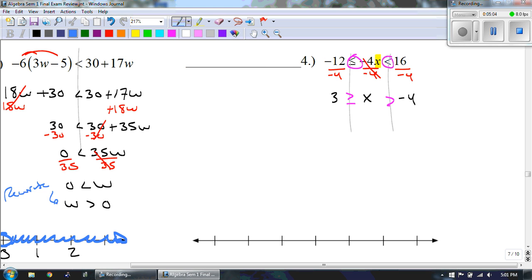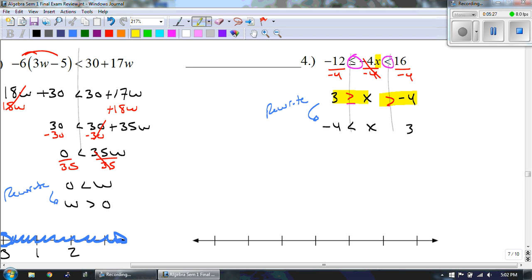And now if you look at all of my numbers, they're not in order. So when that happens, I have to rewrite because the lowest number has to go first. Okay, between the x and the -4, I am pointing at the -4.